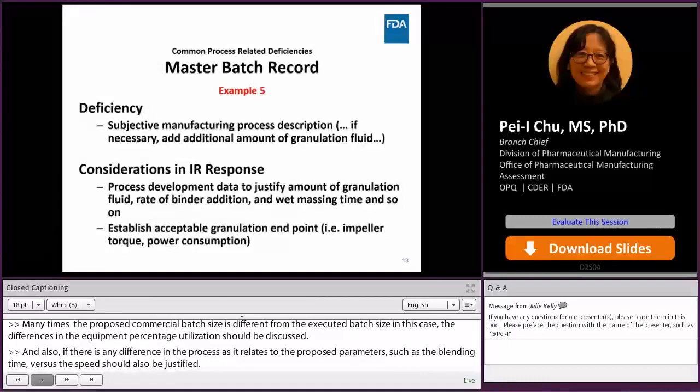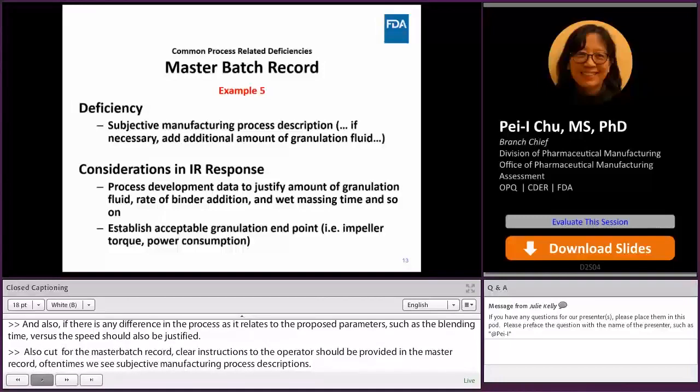And also, for the master batch record, clear instructions to the operator should be provided. Oftentimes, we see a subjective manufacturing process description. For example, for a high shear granulation process, the statement would say, if necessary, add additional amount of granulation fluid.